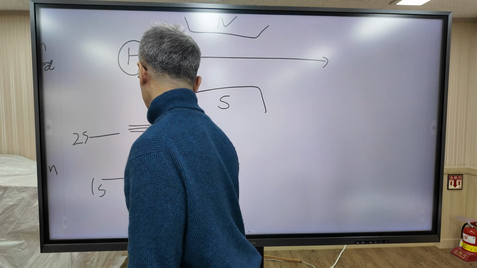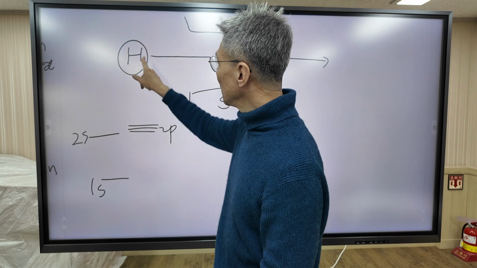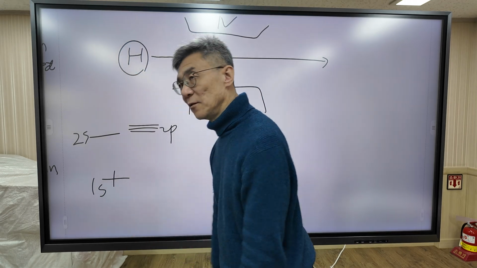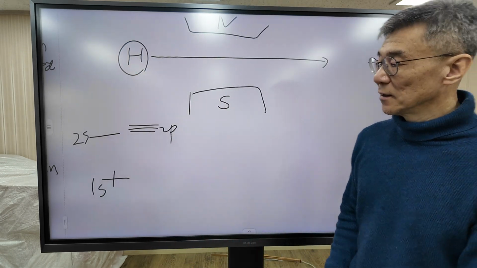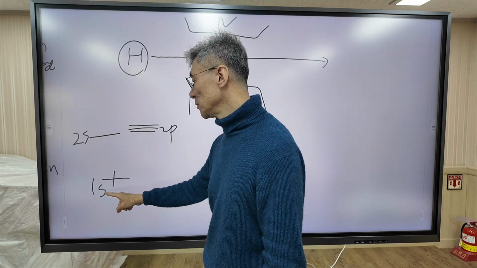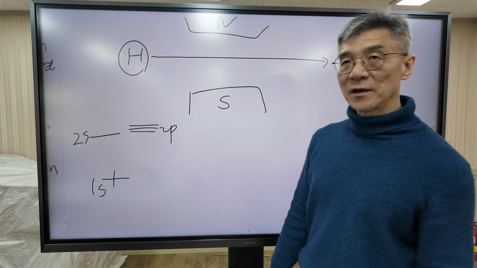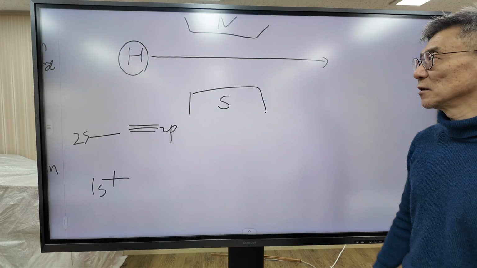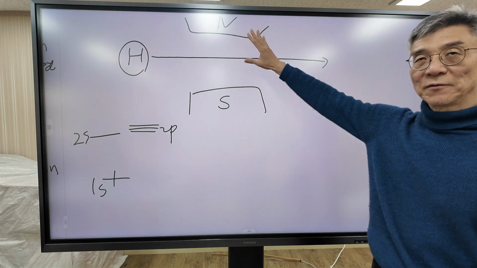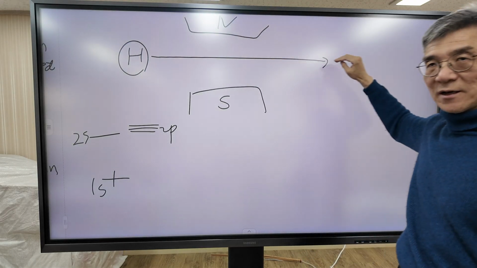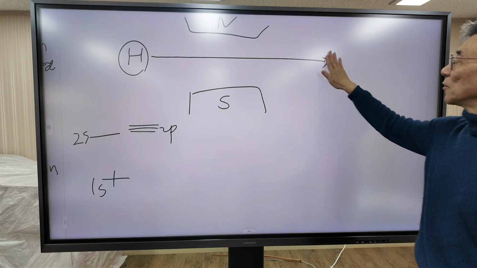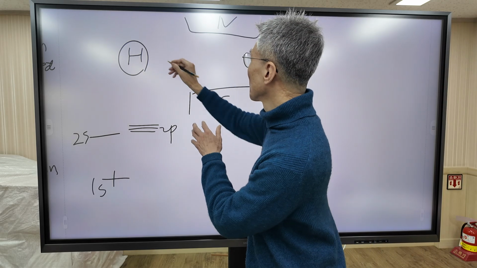This is the atomic level, and the hydrogen atom is in the 1s orbital, and the angular momentum in the 1s orbital is 0. So the hydrogen atom does not have a magnetic moment, does not respond to the magnetic field, and goes straight.